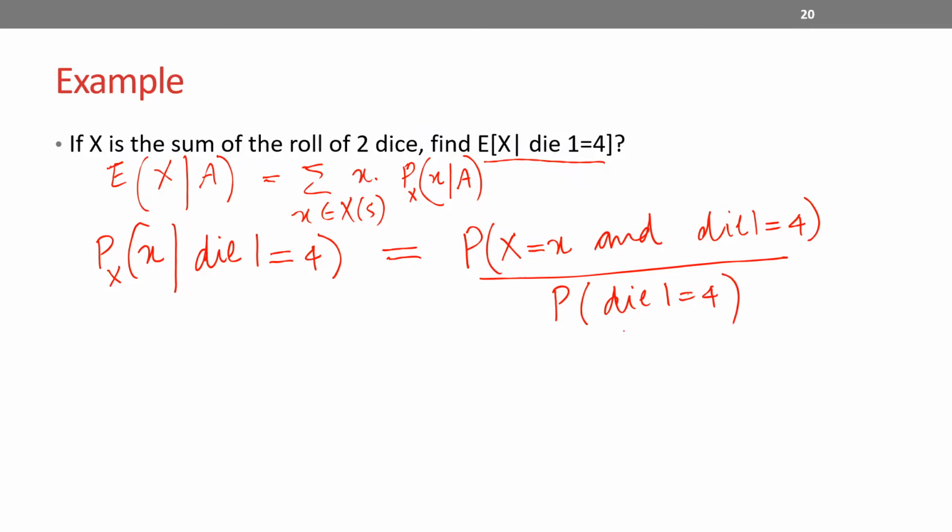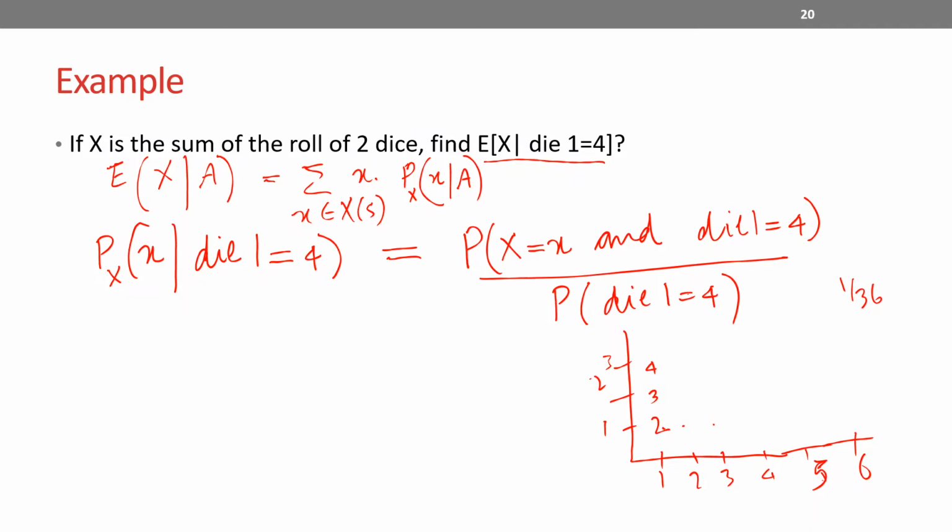Okay, so if we quickly go back and visualize our die 1 and die 2, there was this column for 1, 2, 3, 4, 5, 6, right? Each of these outcomes is equally likely, right? So the probability value associated with each outcome is again 1 over 36, right?